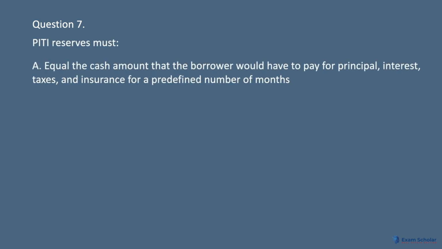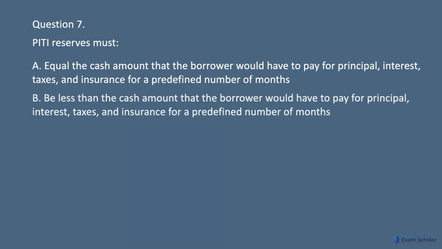Question 7. Petty reserves must A. Equal the cash amount that the borrower would have to pay for principal, interest, taxes, and insurance for a predefined number of months. B. Be less than the cash amount that the borrower would have to pay for principal, interest, taxes, and insurance for a predefined number of months.